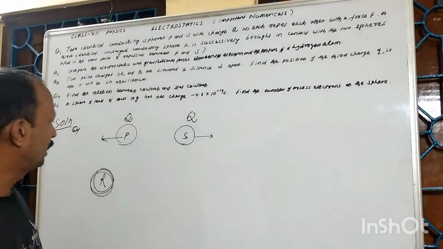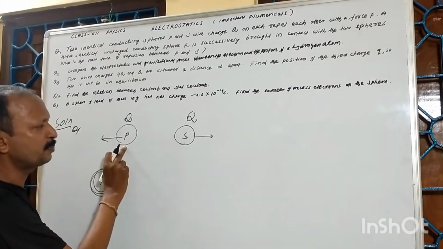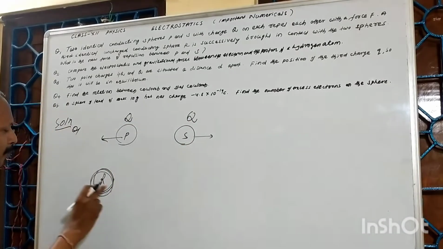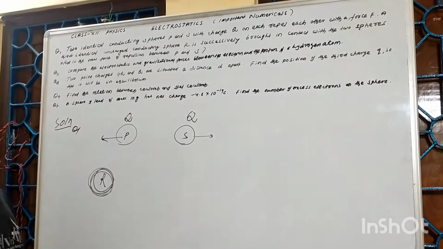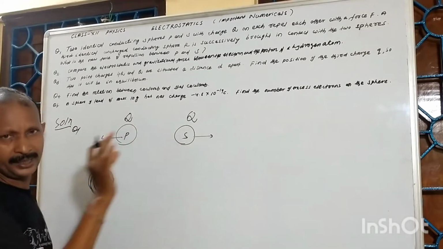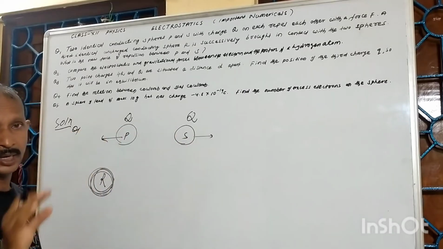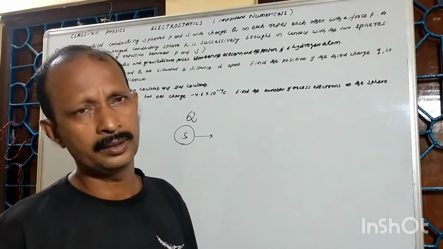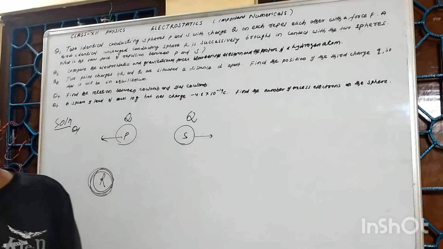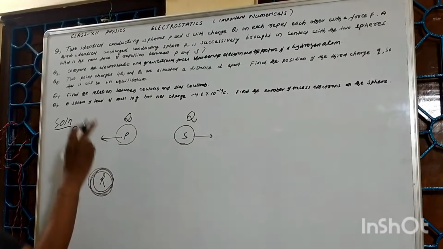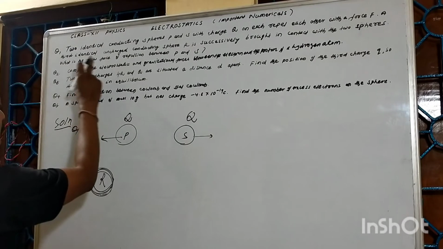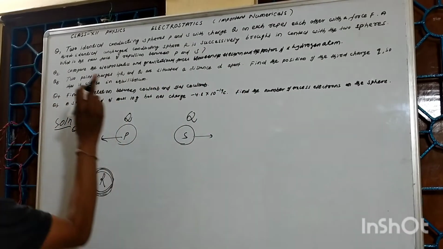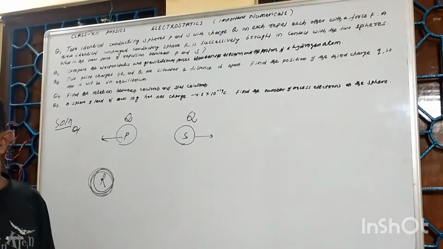The fact is that two identical spheres P and S both have equal charges Q, and one more identical uncharged sphere is brought in contact first with P, thereafter with S. You have to calculate the new force of repulsion between them.